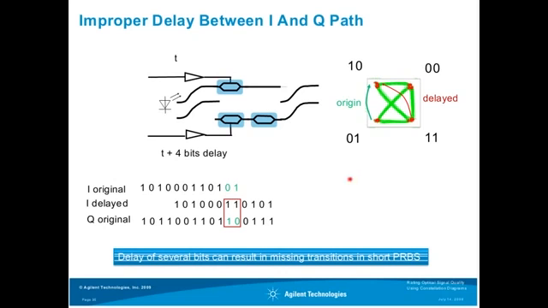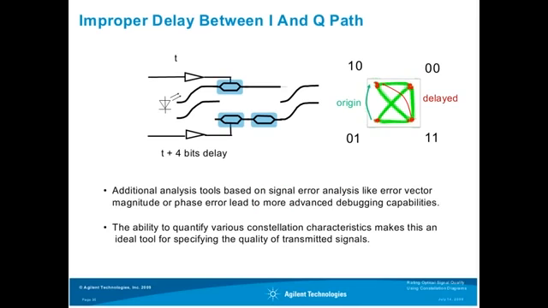And if you want to test your transmitter at all transitions in all points, it might be important to look also at the IQ, to make sure that you really get all the transitions during your tests. Again, this is especially the case for very short PRBS sequences.